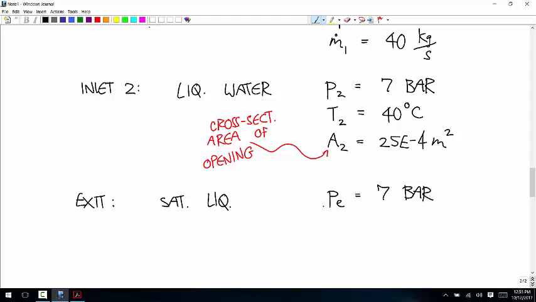And the volumetric flow rate is 0.06 meters cubed per second.